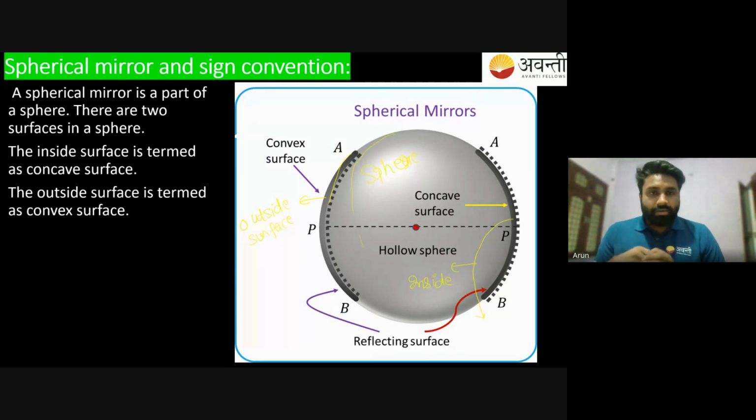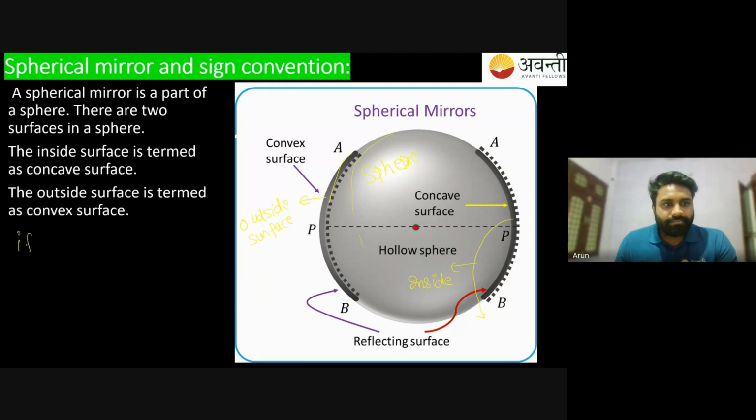If we polish that surface, it will not pass any light through it, only the reflected side works. Let me move on to the next slide.